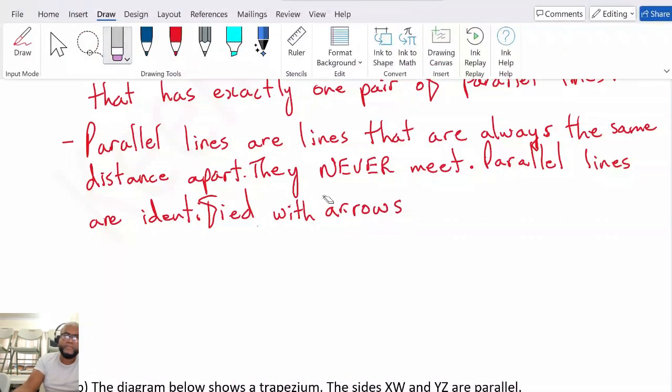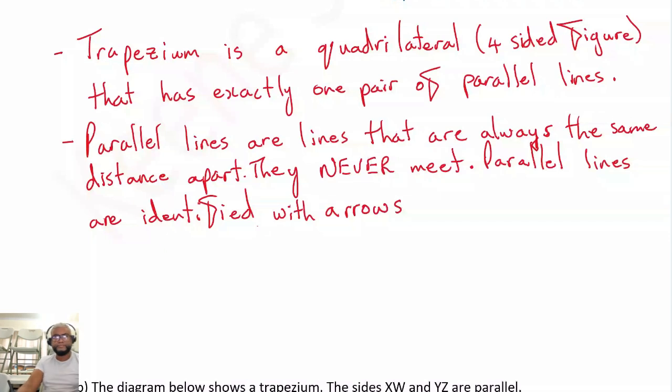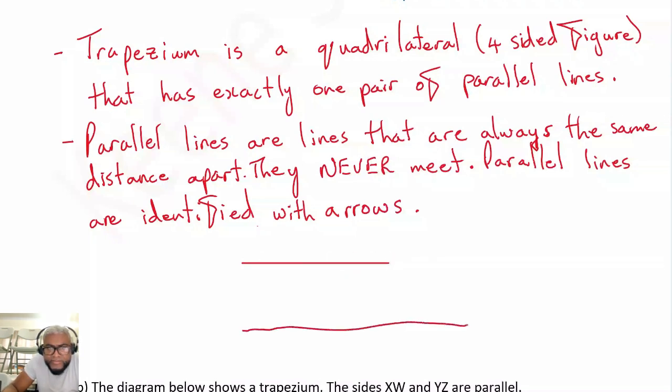Right? So a trapezium, pair of parallel lines, boom. And the next pair, bang. Right? I'm going to put some arrows here to indicate that they are parallel. Right? Parallel line here, bang.